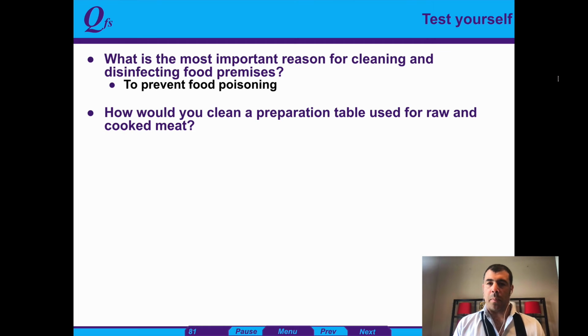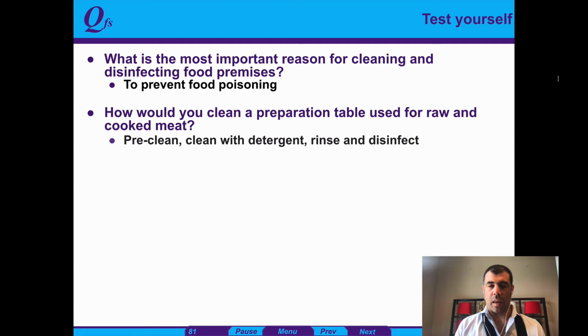How would you clean a preparation table used for raw and cooked meat? If you were to design the process in your mind, what would you start doing first? Pre-clean. We remove all the food debris first. Then we clean using a detergent.